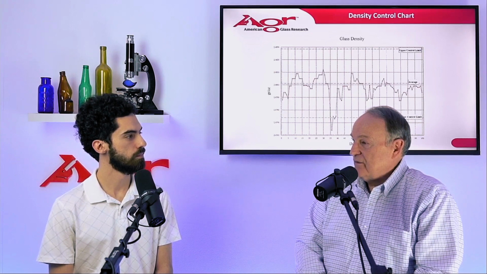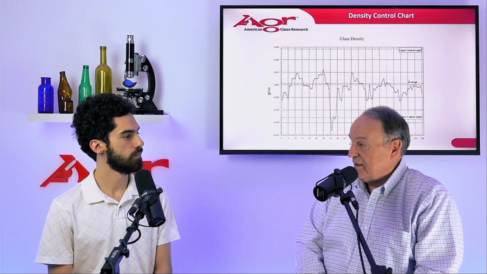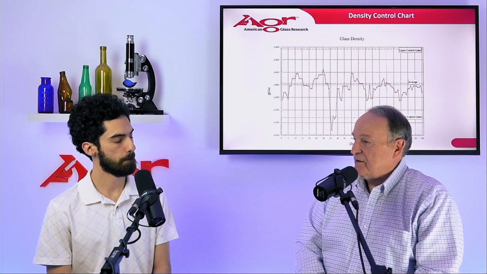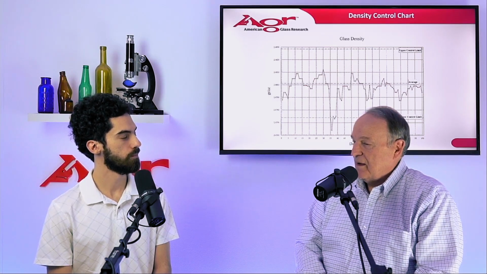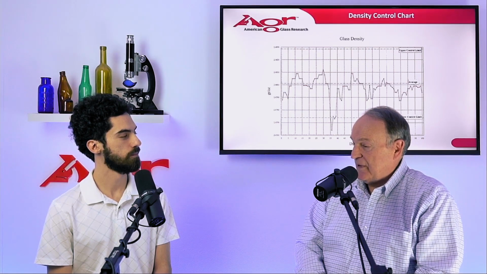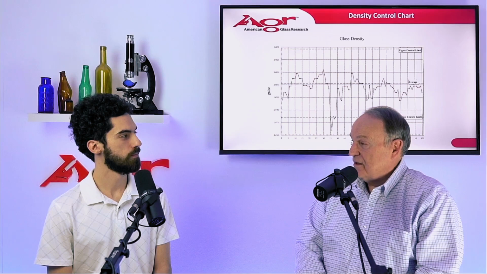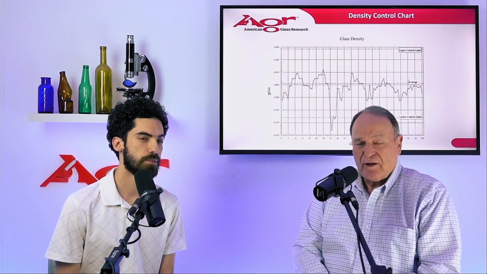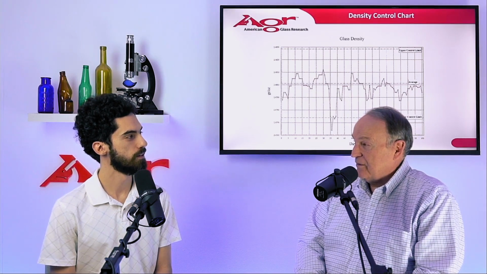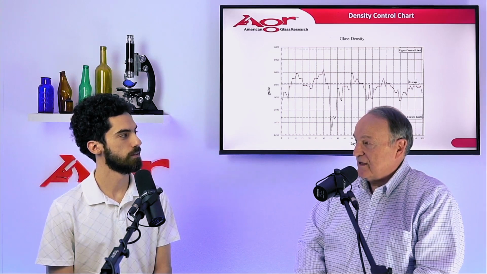But as long as the values of density are within these limits, then you can be reasonably assured that the composition is under control. And if something should happen to the batching operation, it will be reflected in these control charts. In fact, you can see on this one, about a third of the way along the daily basis, something happened where the density fell outside the bounds.